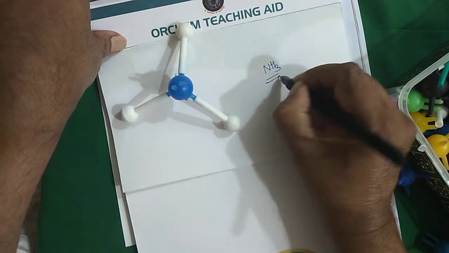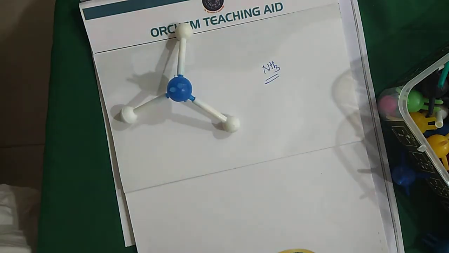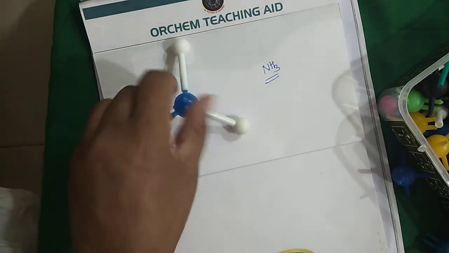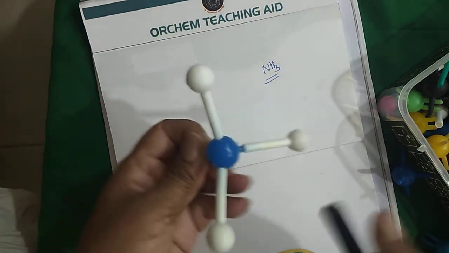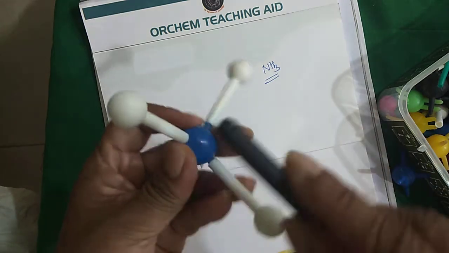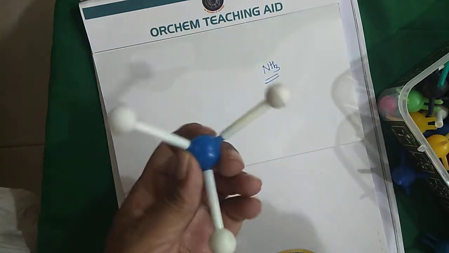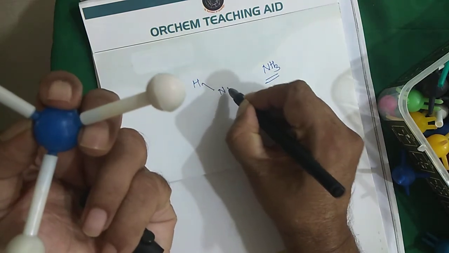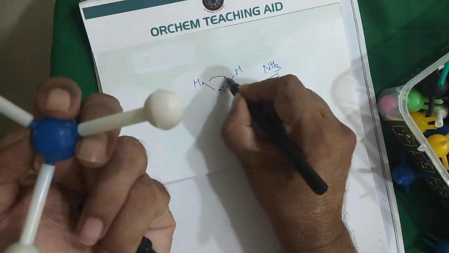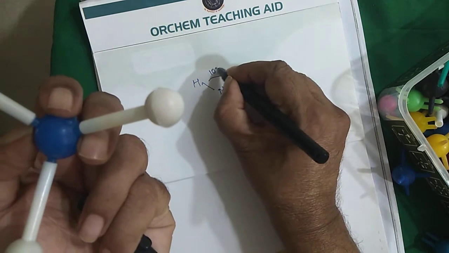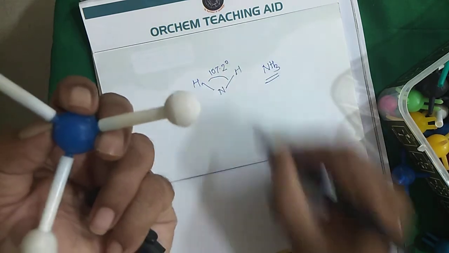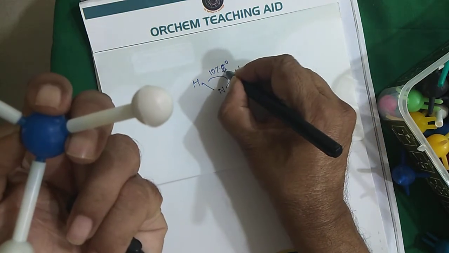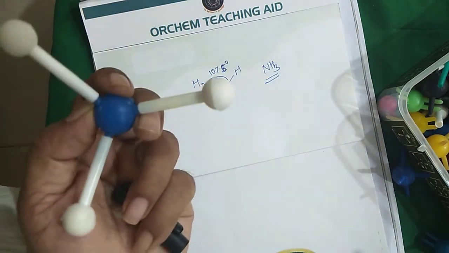This NH3 molecule is pyramidal, trigonal pyramidal, and the H-N-H bond angle is 107.5 degrees.